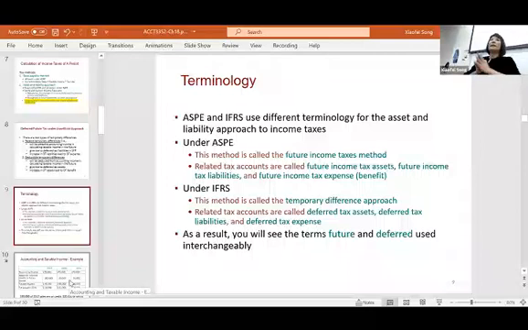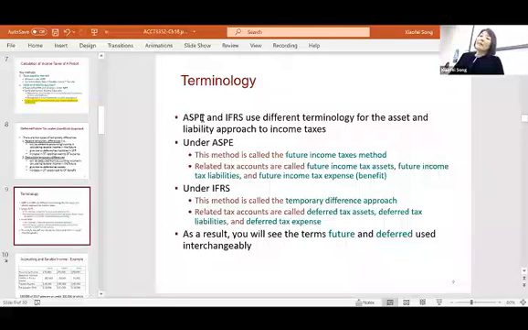A company that's subject to ASPE always has the option to go to more extensive reporting if they want, and just follow IFRS. You have that choice. However, a public company cannot choose. Because this asset and liability approach can be applied under both IFRS and ASPE, there's a bit of terminology difference.